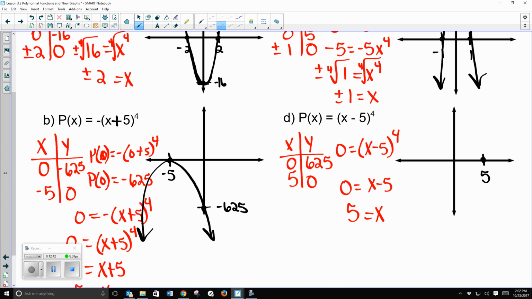So if that vertex is on the x-axis, you should only get one value when you plug 0 in for y. So we will pretend that 625 is here. And it could be if we change the scale on the y-axis.